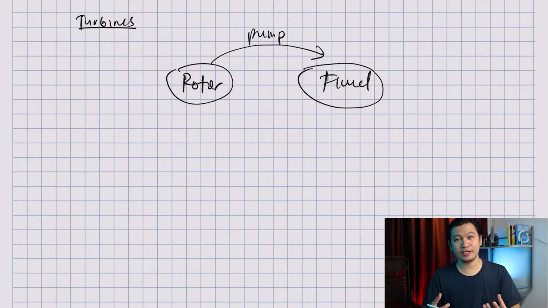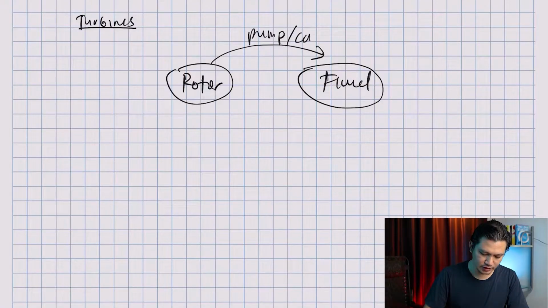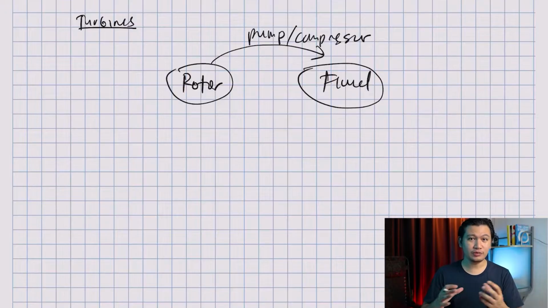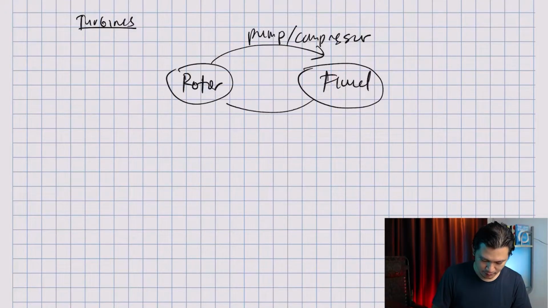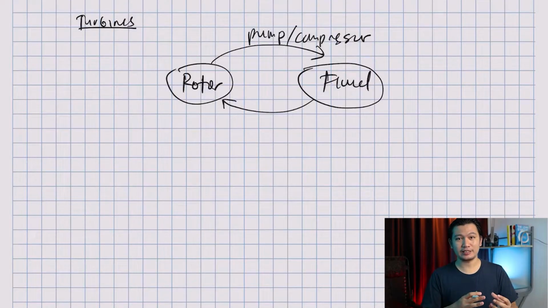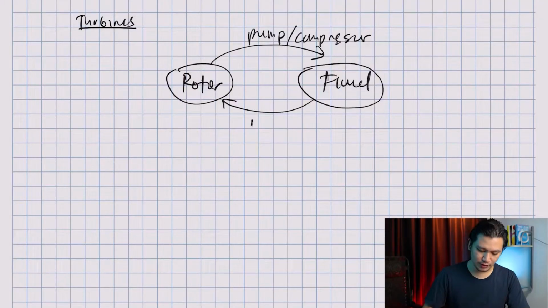And if the medium is air, you call it a compressor. And if the energy is transferred to the rotor from the fluid, meaning that the turbo machine is actually extracting the power from the fluid, this is what we call a turbine.